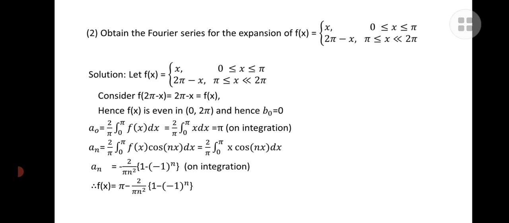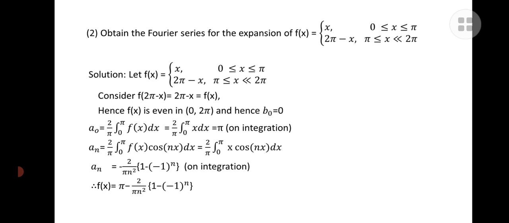So that means this is an example for the interval 0 to 2 pi. In that case, for the solution, consider f of 2 pi minus x is equal to 2 pi minus x is equal to f of x. That is, f of x is even in the interval 0 comma 2 pi.